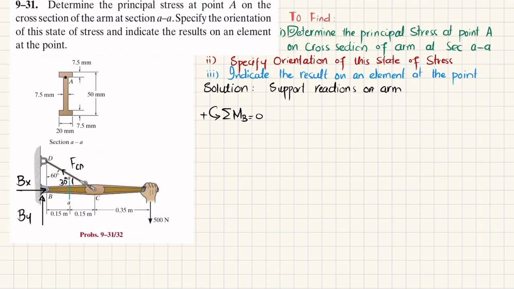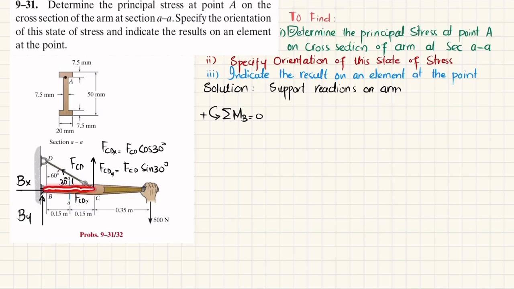This FCD will have two components. One is along the x-axis, which is the FCD x component, and the other is the FCD y component. The FCD y component will be equal to FCD times sine of 30 degrees, and FCD x will be equal to FCD cos of 30 degrees.